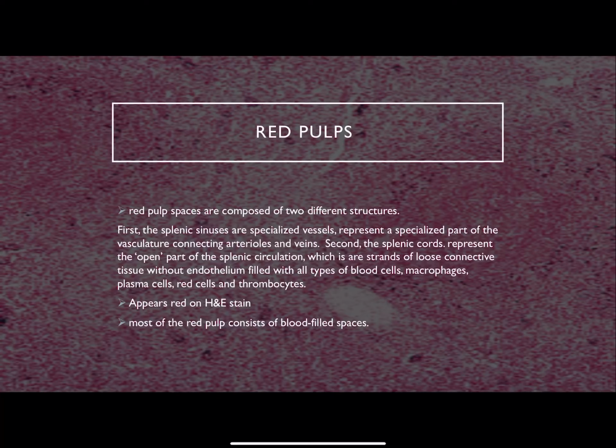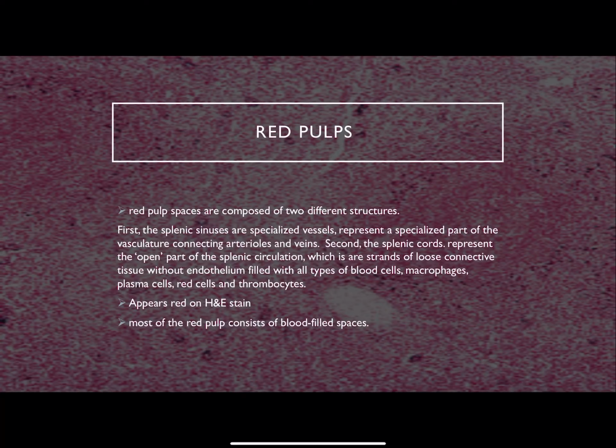The red pulp spaces are composed of two different structures. First, the splenic sinusoids structure. Second is the splenic cords. The splenic sinusoids are a specialized part of the vasculature connecting arterioles and veins together.